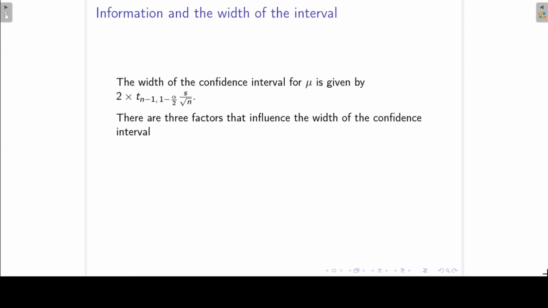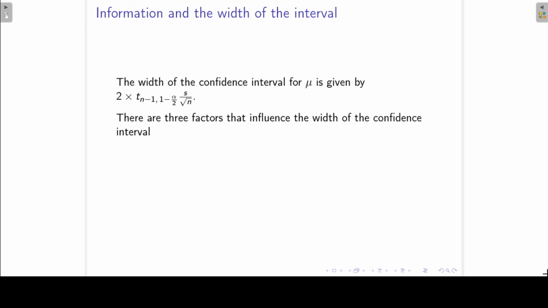Okay, now the next question is, what are the factors that will influence the width of my confidence interval? So we want to have high confidence in our confidence interval, but at the same time, we would like the confidence interval to be not too wide.